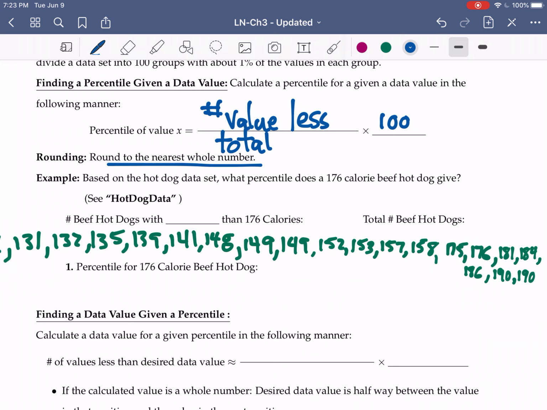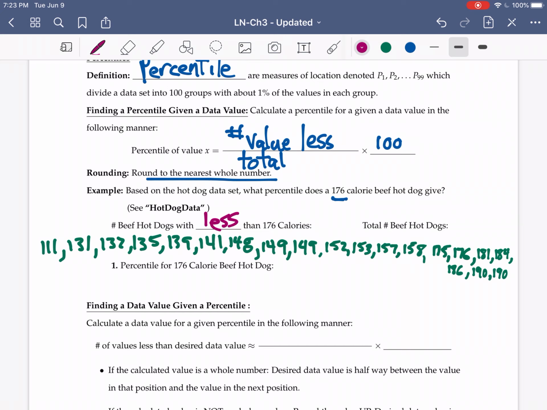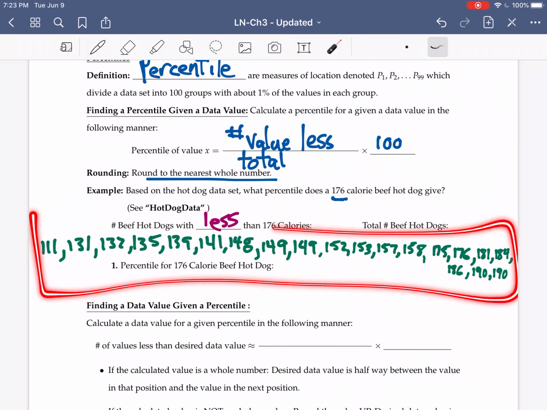So let's see from the hot dog data set what percentile a 176 calorie beef hot dog gives us. To do that, we need to identify the number of values less than 176. Here I've written out the hot dog data set.